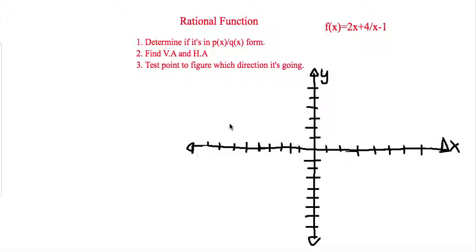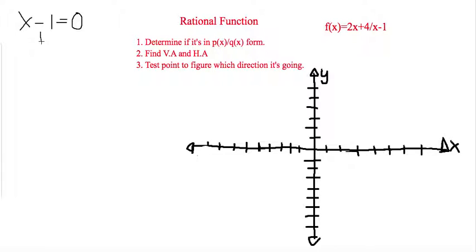So first I will find my VA, our vertical asymptote. To find the VA, you look at the denominator, and I'm going to write it on the left. So our denominator is x minus 1. And then we always set that to 0. Okay, so next step, we have to solve for x.